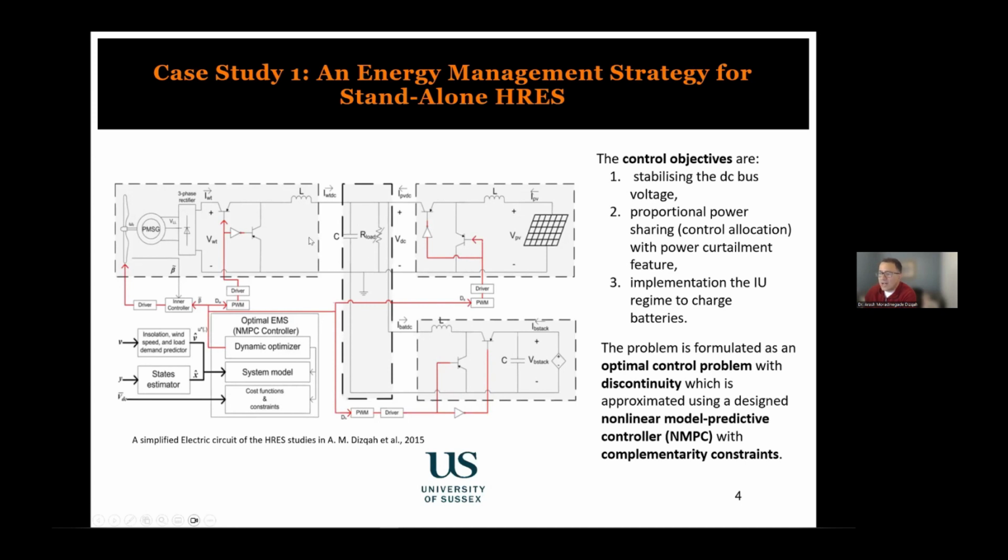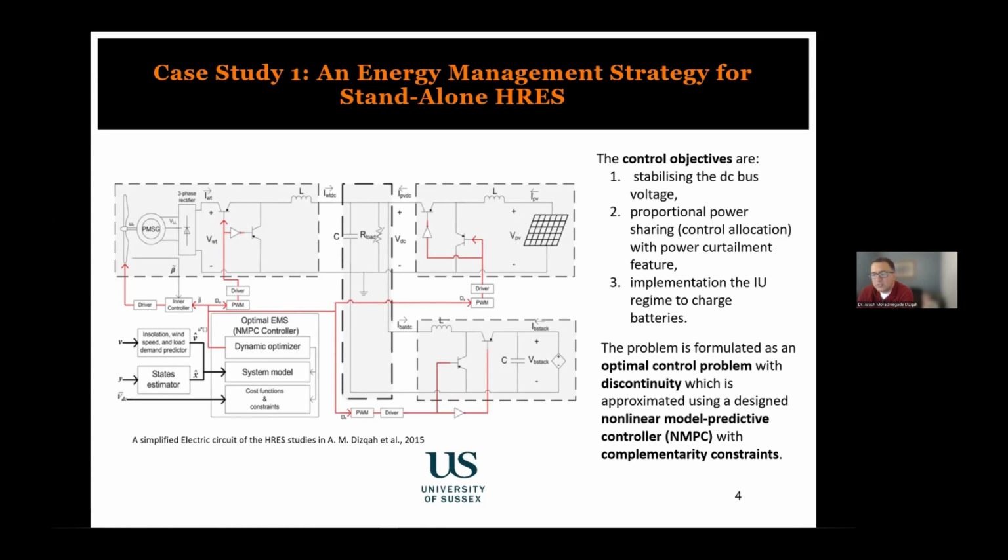Also, how can you share the power demand proportionally, in a fair way, between different sources of energy? Another very important thing that we focused on in this research was that when you have a limited battery, the charging regime of that battery is very critical, because if you don't charge it properly, the batteries would be damaged very easily.